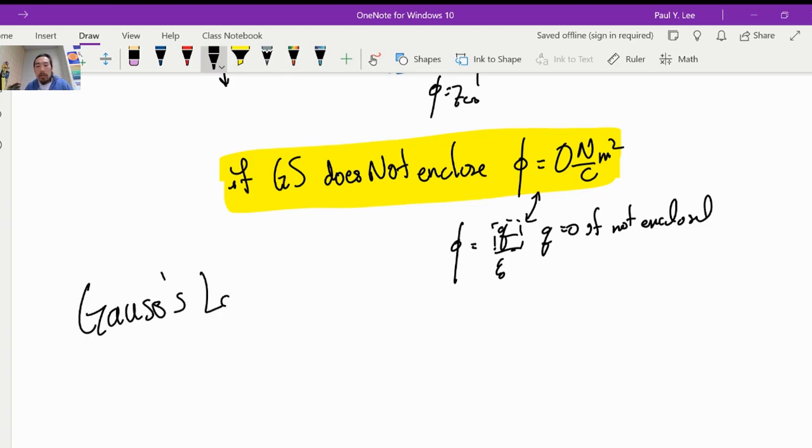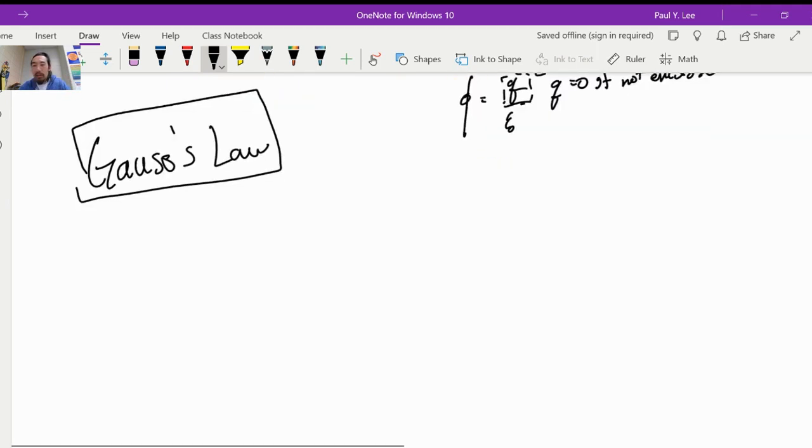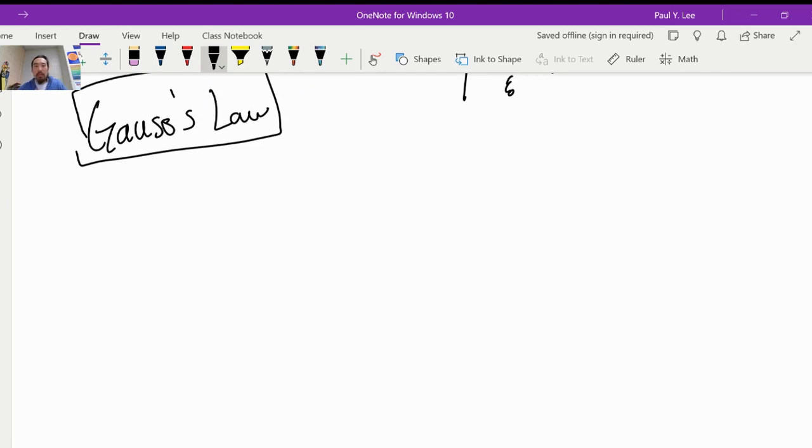Gauss's law is an idea, it's a concept to help explain how to determine. I'm saying this out loud, but I should be typing this, right?